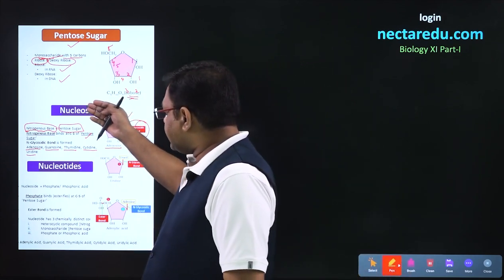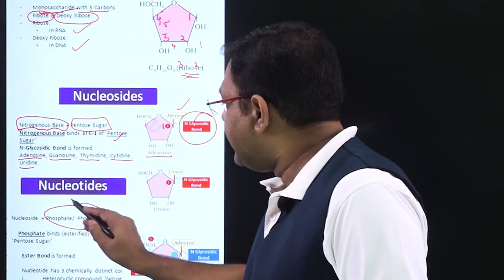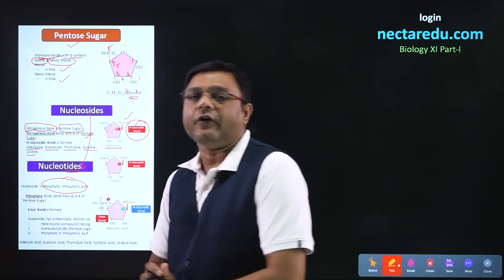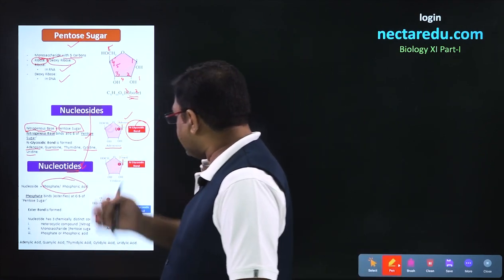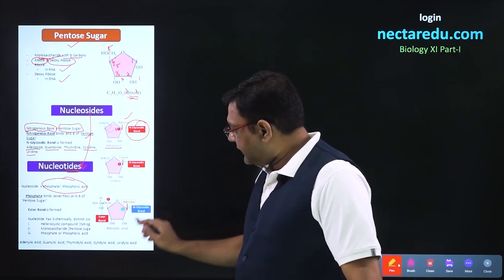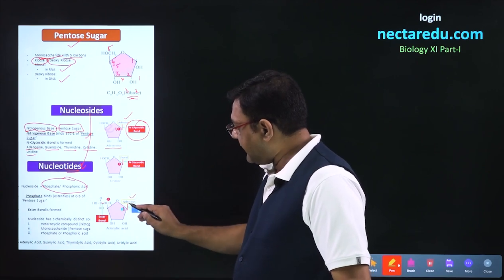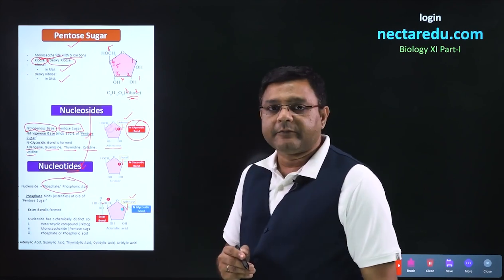If a phosphate group or phosphoric acid adds to this nucleoside, then the structure formed is called a nucleotide. Let us see the structure of nucleotide. In this structure, at carbon 1, adenine was added with an N-glycosidic bond.